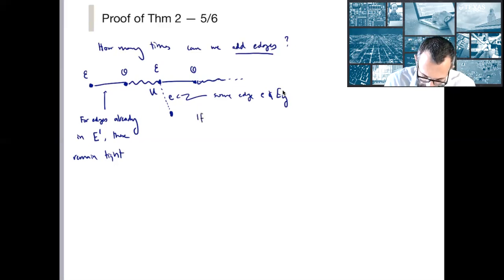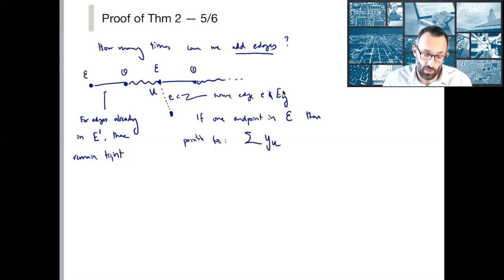Well, if I have one endpoint in even, then it's possible for this inequality, the sum over yu, where u is such that E has some endpoint in u. Remember, u in this case is contracted, so it corresponds to just one edge in G prime. This inequality could become tight.